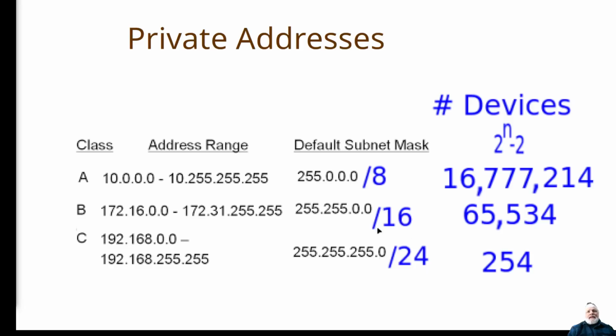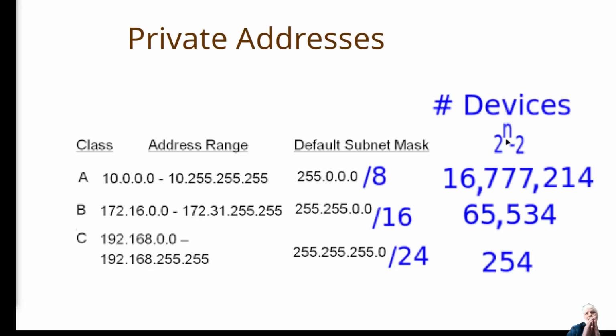What that means is that with a Class C network, you only have 8 bits that can be used for individual devices. Remember, for IP addresses, you need a unique number for each device on the network. You only have 8 bits for that, and 2 of them are already used.